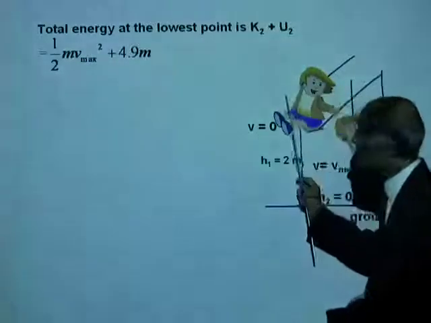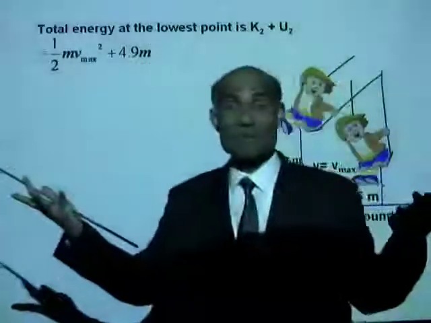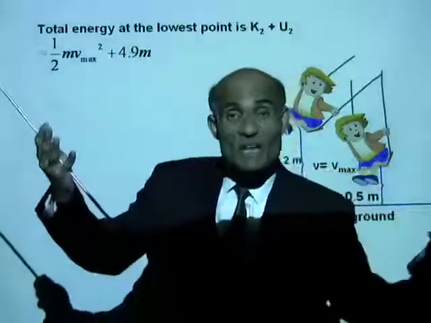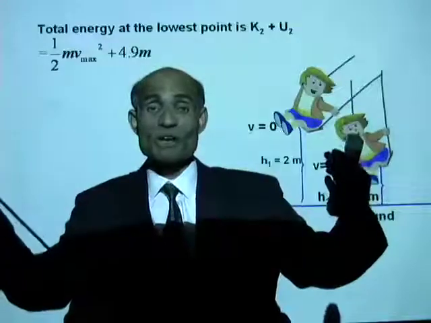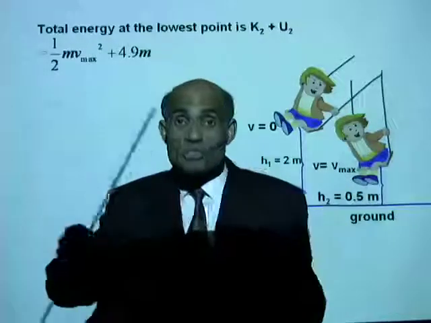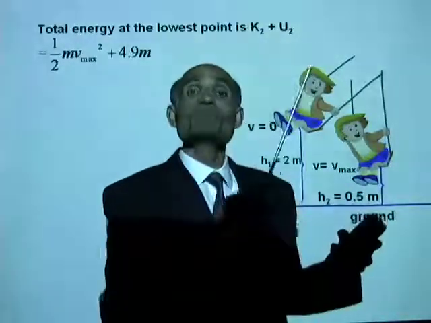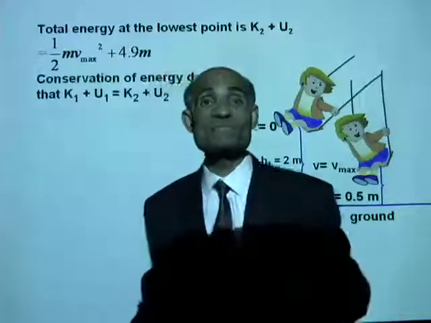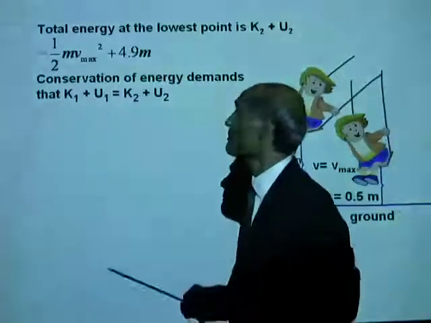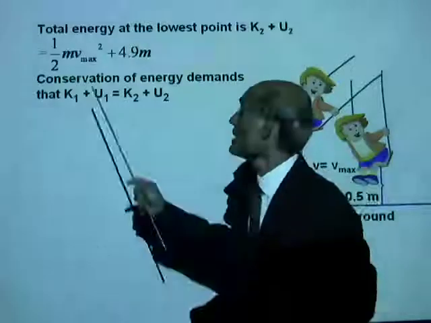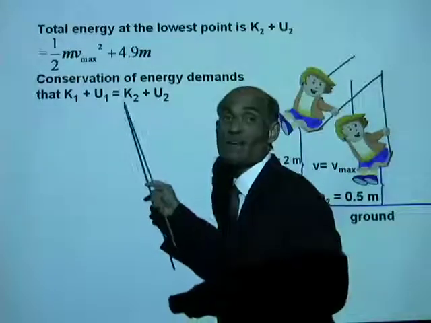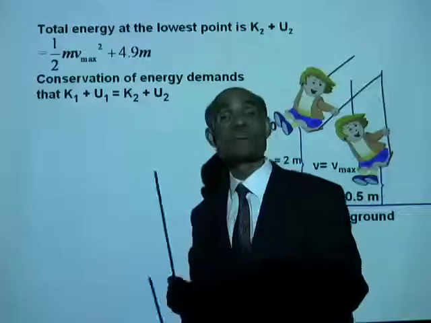Well, the total energy must be the same, is that right? Energy can change from one form to another. At any position of the swing, the total energy must be the same. Conservation of energy demands that K1 plus U1 equal K2 plus U2.